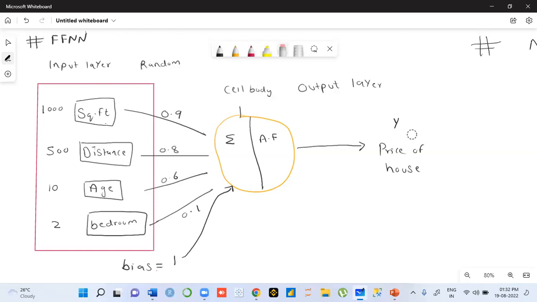Done, sir. I'll write over here. And notation is y hat. Okay, we get prediction.